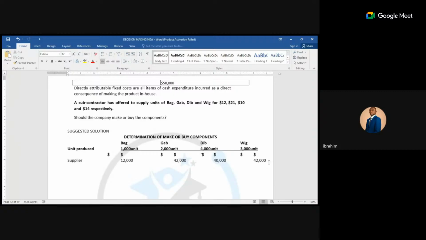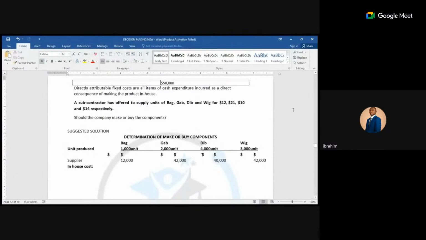So now, we need to compare it with what? In-house costs, which are the relevant costs, right? The in-house costs are the relevant costs.